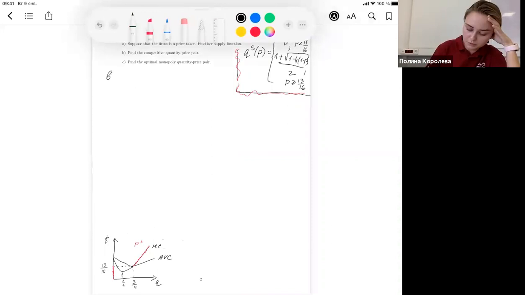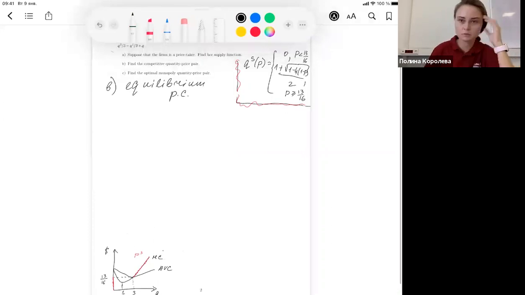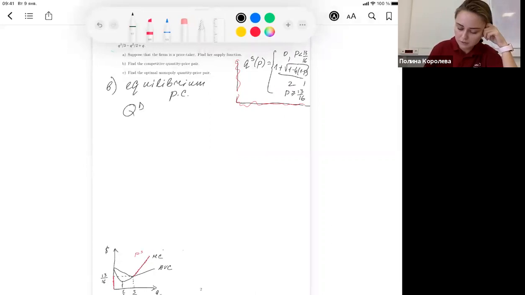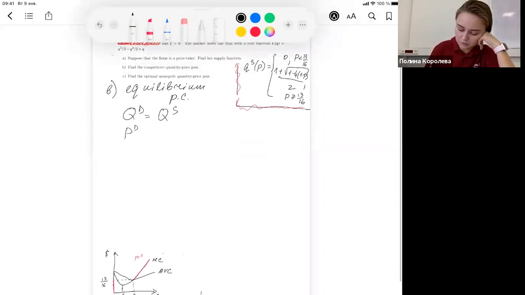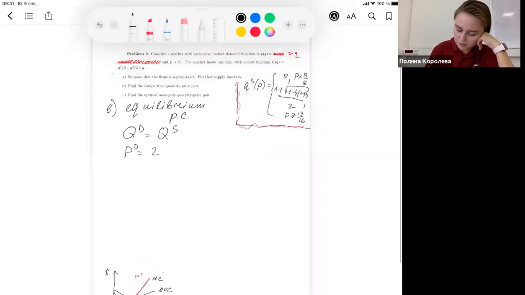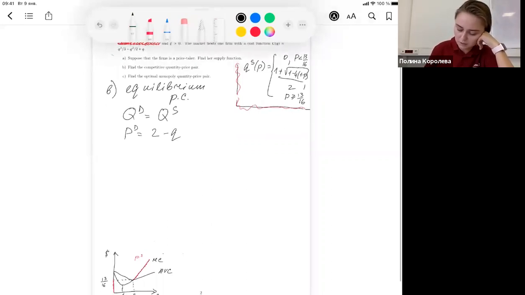So in point B, we should find the equilibrium in a perfectly competitive market. So as always, we should equalize quantity demanded and quantity supplied. What we know about demand: the inverse demand function is equal to 2 minus Q, it's from the task. Quantity supplied equals what we found in point A, this one.